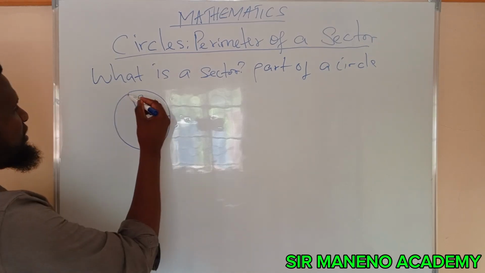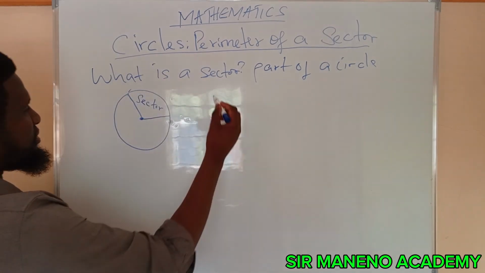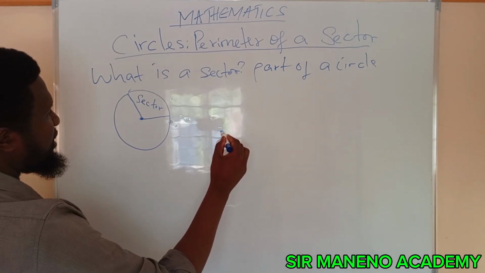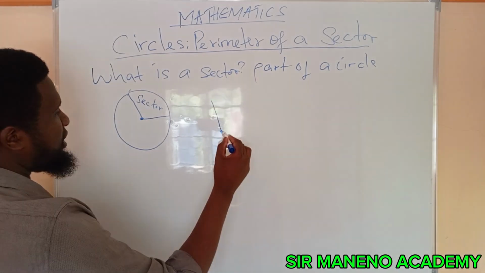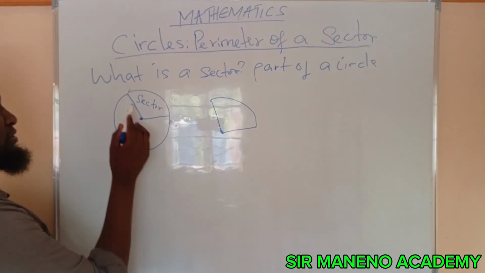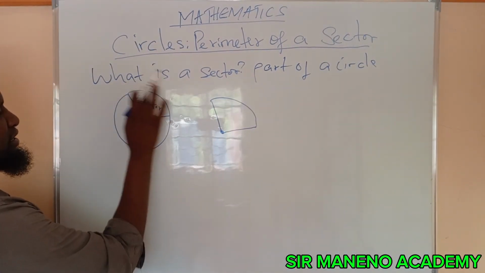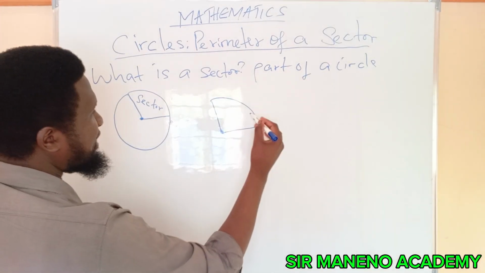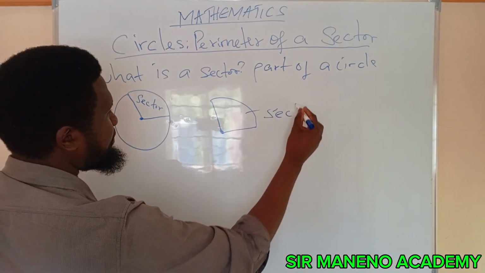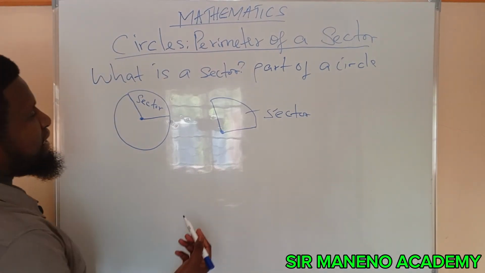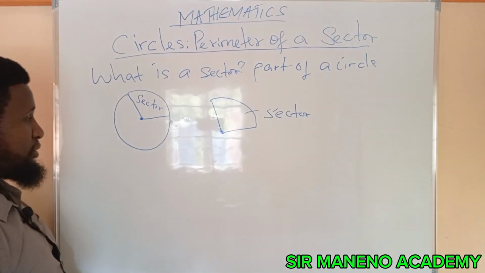If we remove this part from this circle, we will have something like this: center, then that way, then that way. We've removed this part from the circle to have this. Now this one is a sector. A sector looks like that. It's part of a circle.